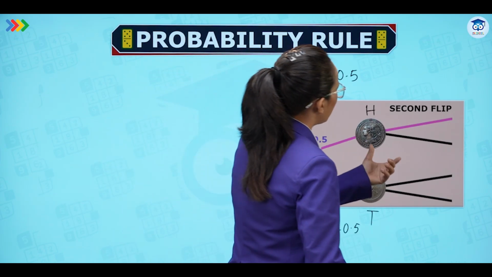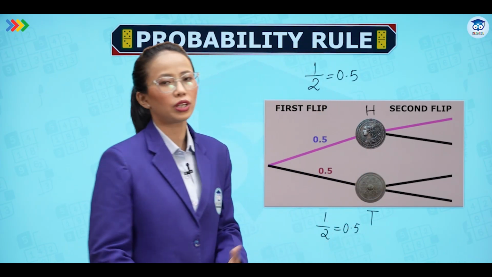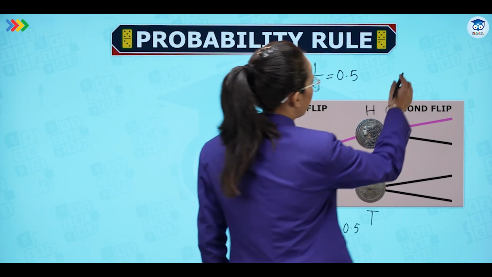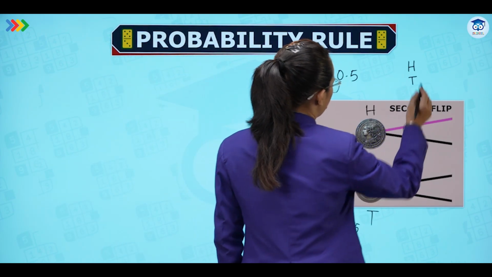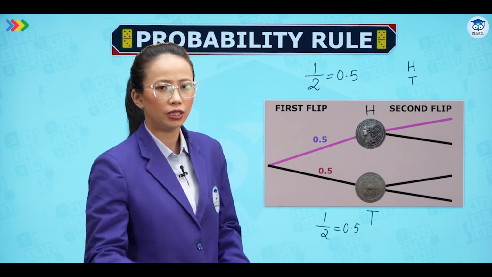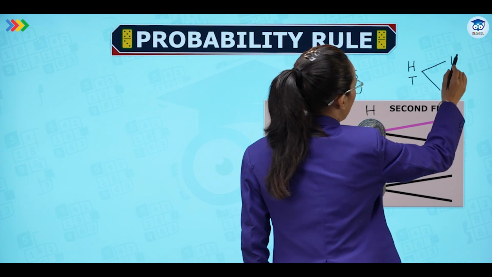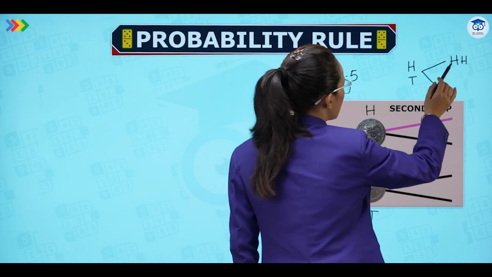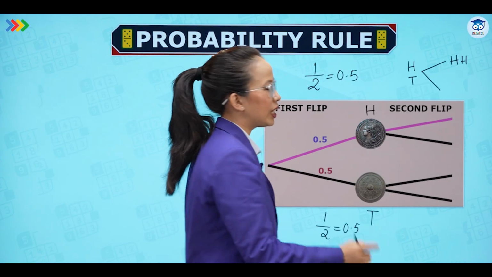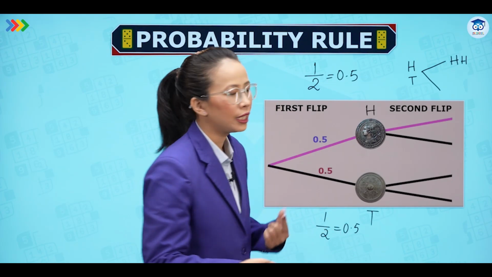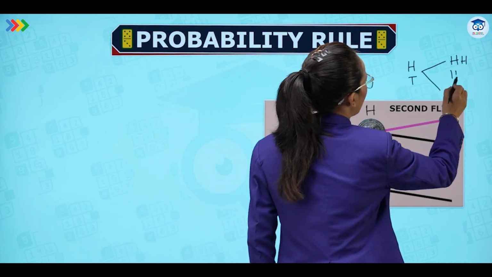Now when we flip the coin 2 times, we already have head and tail in the first flip. Again we flip it. So what will we have? You may get head in the first flip and head in the second flip, or head and tail.